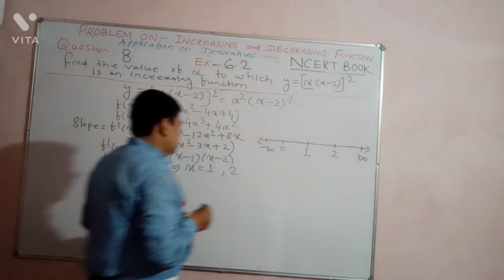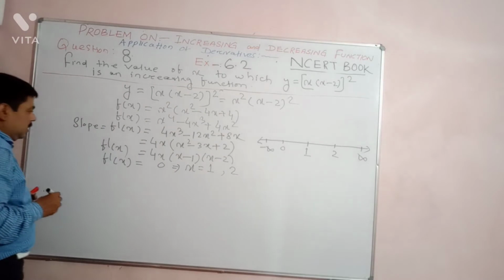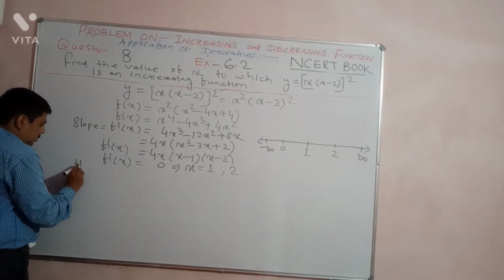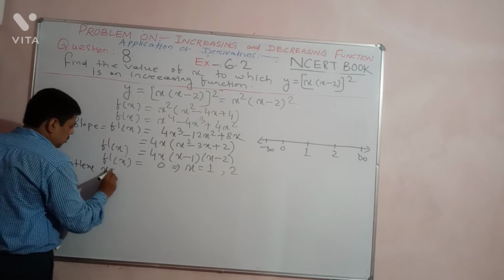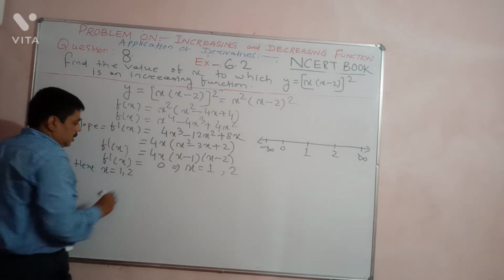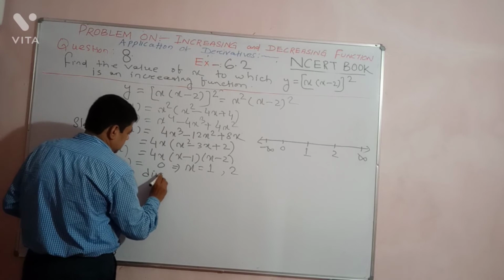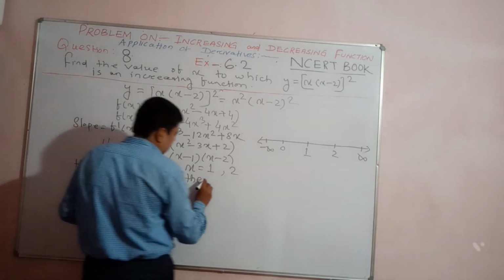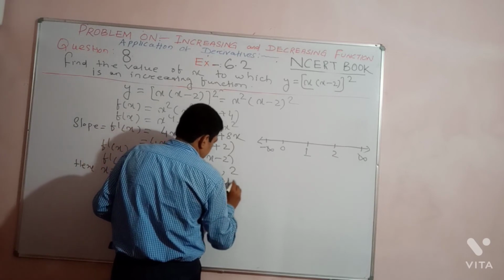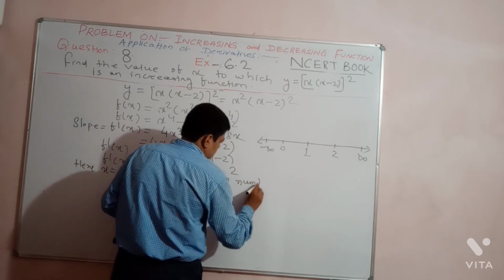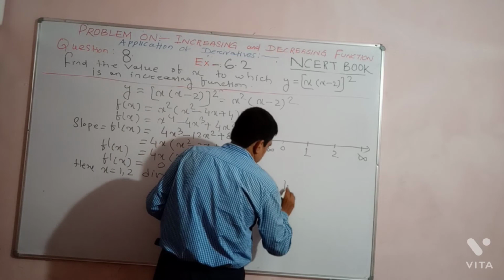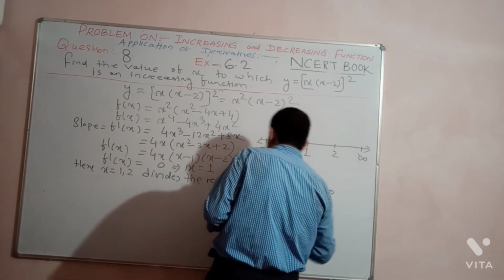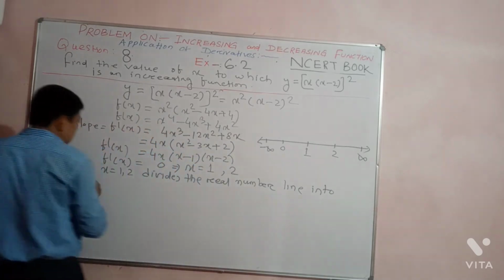So the points 0, 1 and 2 divide the real number line into disjoint intervals.